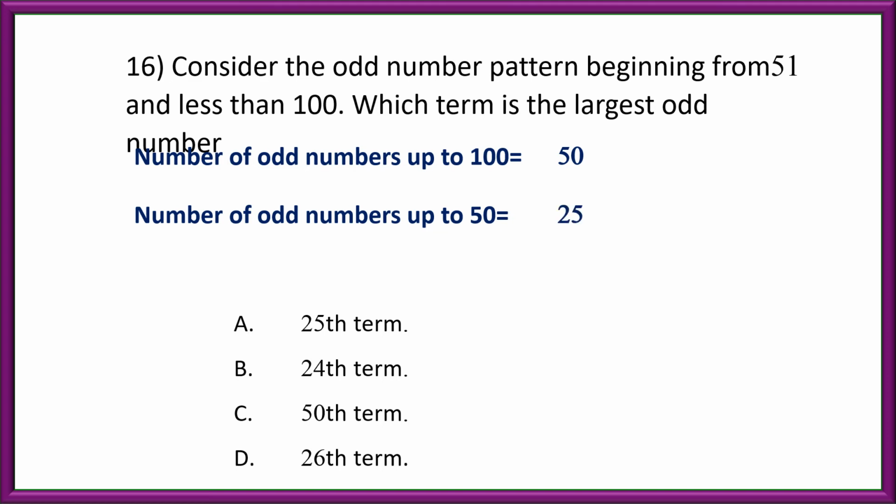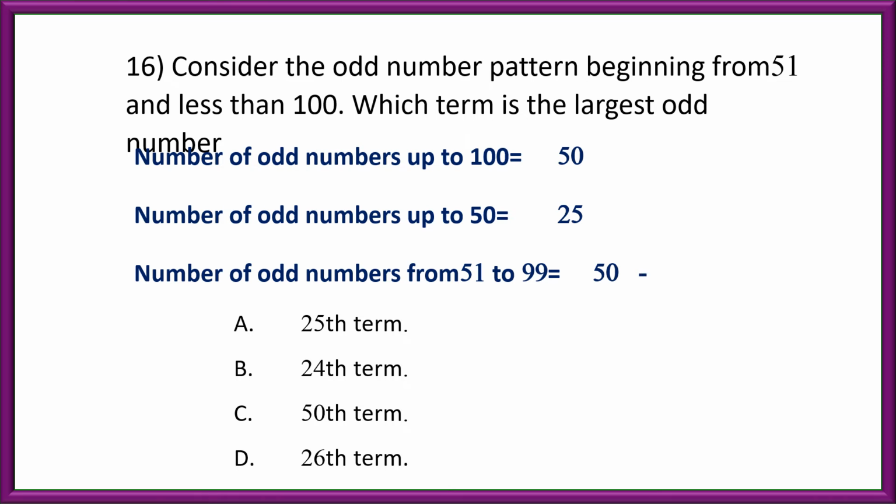There are 25 odd numbers. Then we can find the number of odd numbers from 51 to 99. 50 minus 25 gives us the number of odd numbers from 51 to 99. Then the answer should be the 25th term.